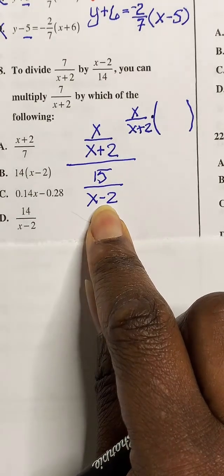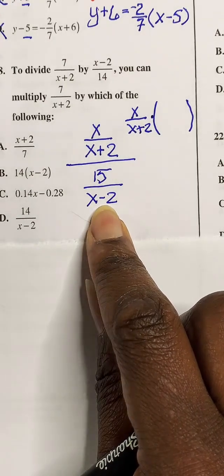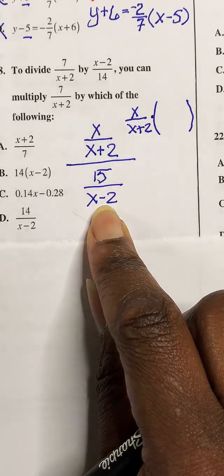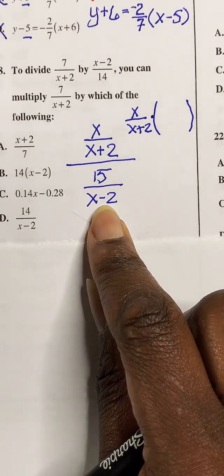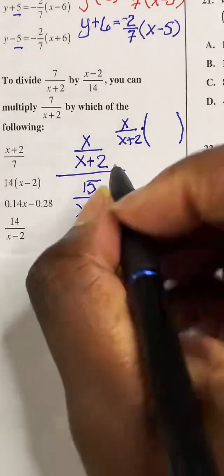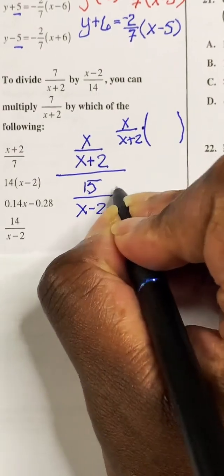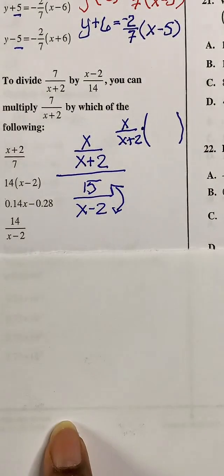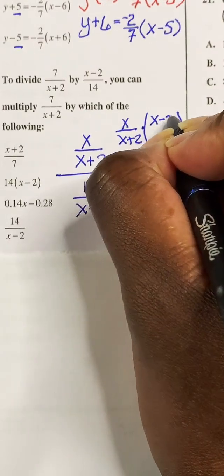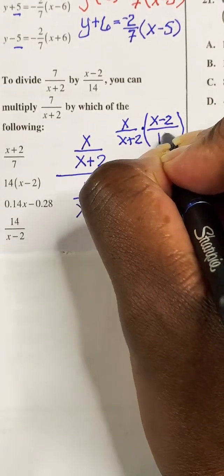Because if you do two divisions, just like two negatives make a positive, that's actually creating a multiplication. So in order to get this true multiplication, we need to do the reciprocal or the flip of that denominator. So you're going to have your x minus 2 over 15.